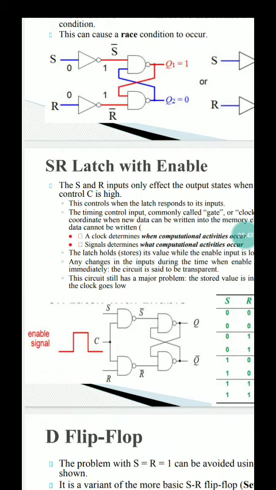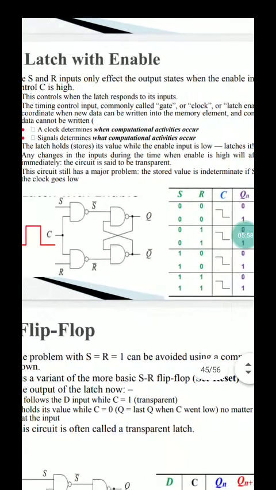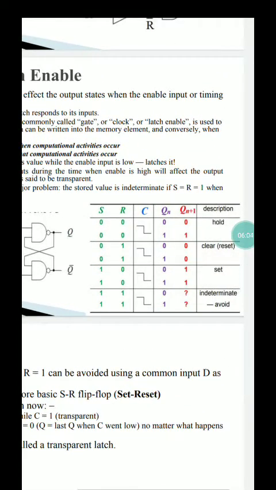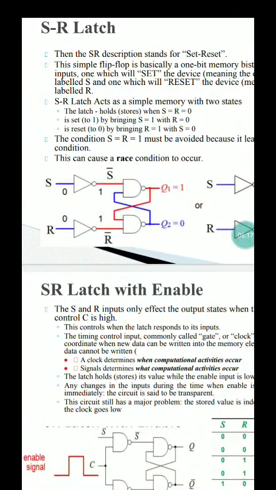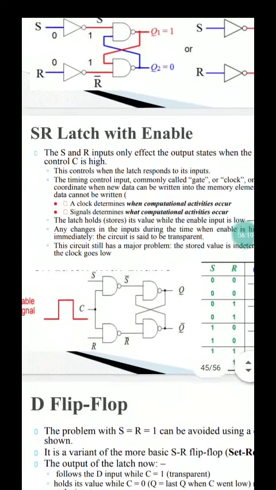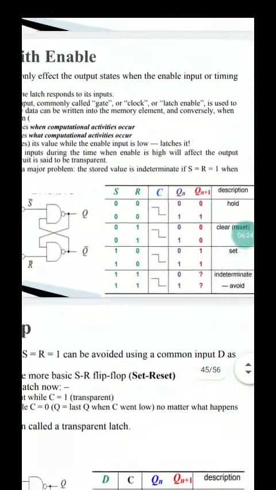But in the SR latch with enable signal, it will produce output only when there is a suitable clock position, a suitable time. It will produce that particular output only on either falling edge or rising edge, or high level or low level, that we can decide. But in the case of the other circuit, it will produce output at any time. That makes further design complicated. Therefore we have SR latch with enable signal.